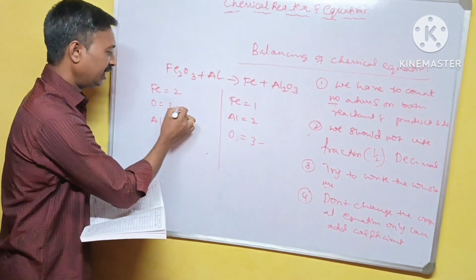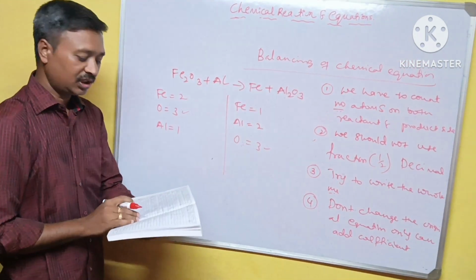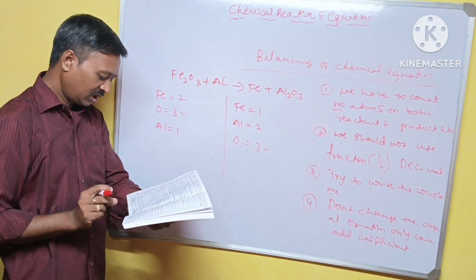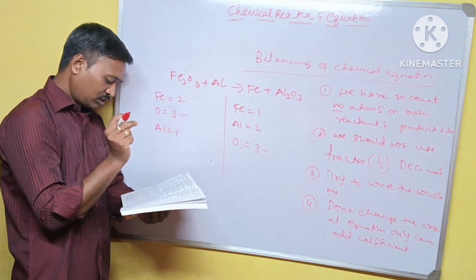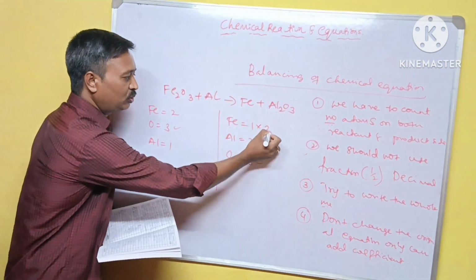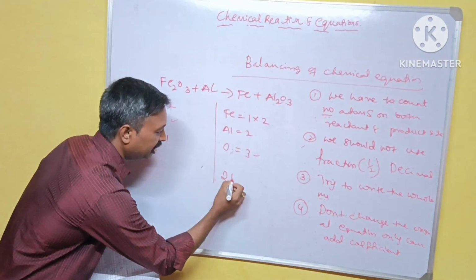Oxygen was balanced, but the remaining 2 are not balanced. Correct? So what do we have to do here? Fe we have to make into 2.